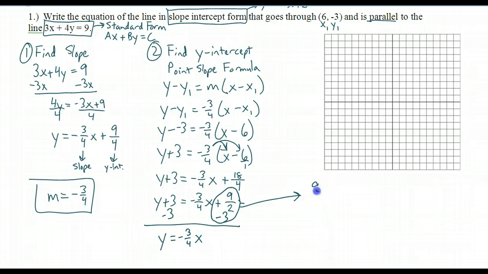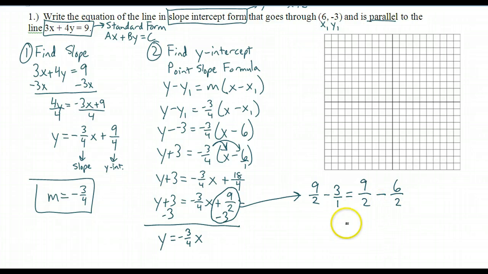I have positive 9/2 minus 3. Well, in order to subtract fractions, I need to have a common denominator. And in this case, my common denominator is 2. So I'm going to have 9/2 minus, well, in order to get a 2 in my denominator, I need to multiply by 2, which means I need to multiply my numerator by 2.